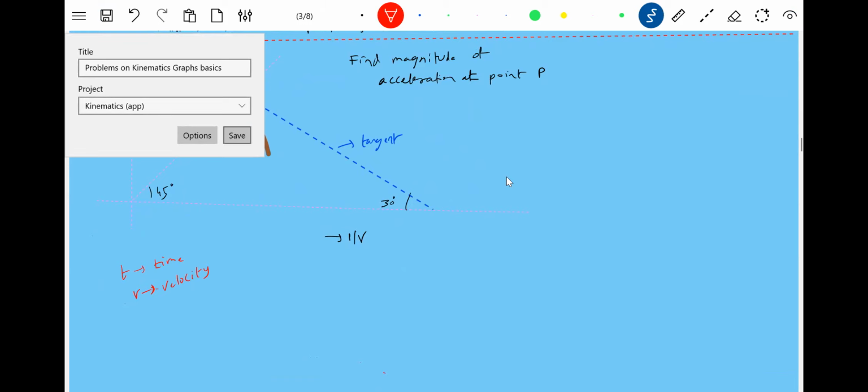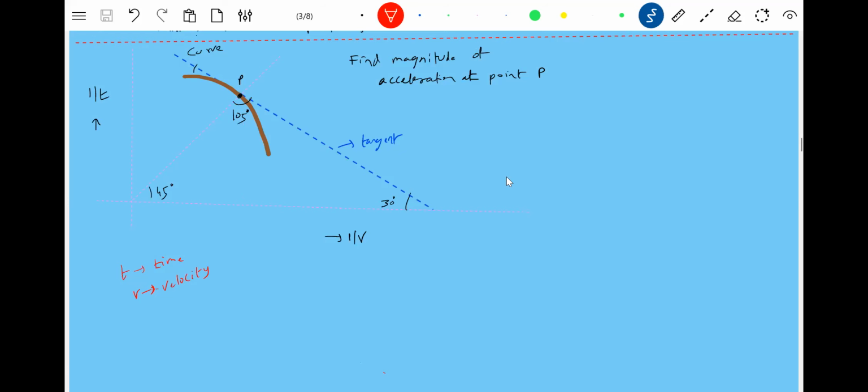We have to find the acceleration of the object at point P.